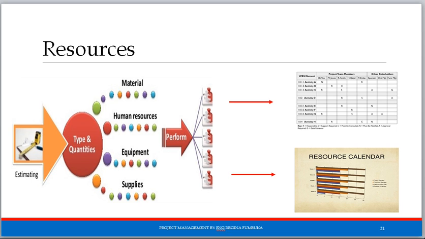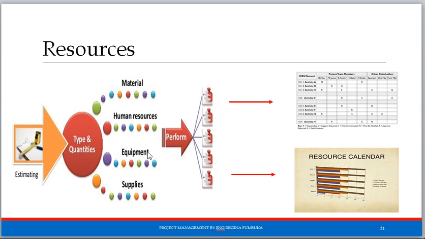Kwa human resource naangalia skills, knowledge, qualifications alizonazo na idadi quantities. If it is material or equipment the same, naangalia specifications unazozihitaji and also quantities if they are needed, in order to perform those activities.